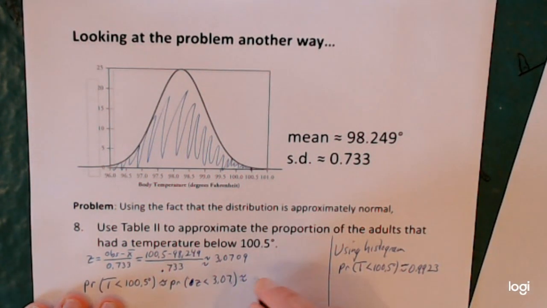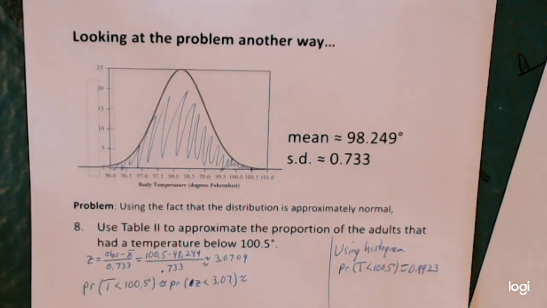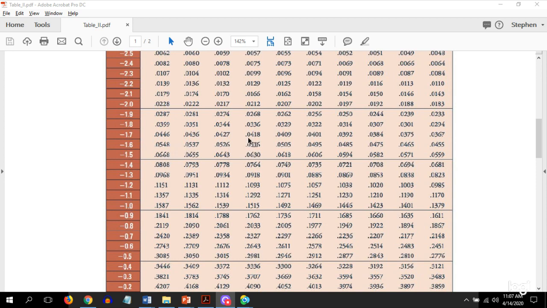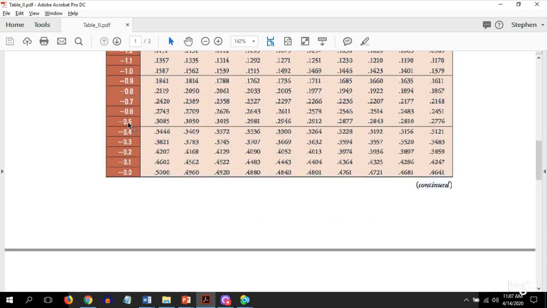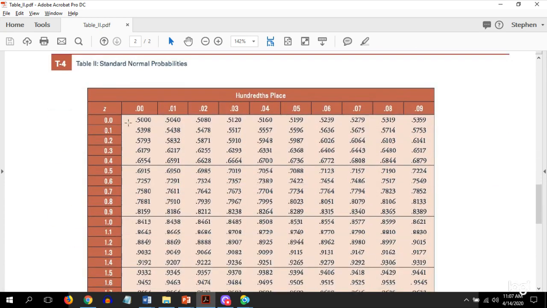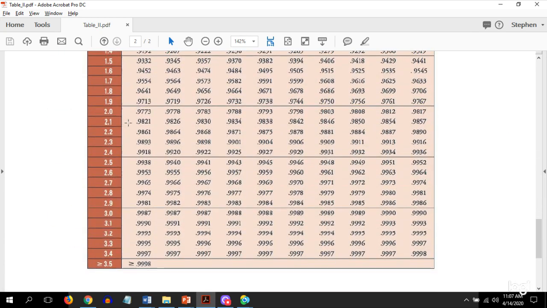Okay, and that's going to come out to be approximately, well, let's have a look. Okay, so I have to find positive 3.07, so it's going to be on the second page of my table 2. There's 3.0, 3.00, 1, 2, 3, 4, 5, 6, 7.